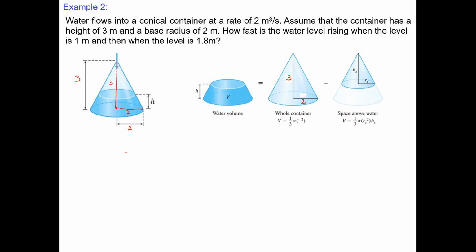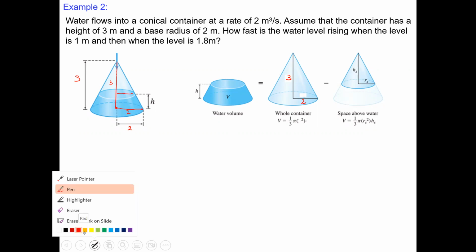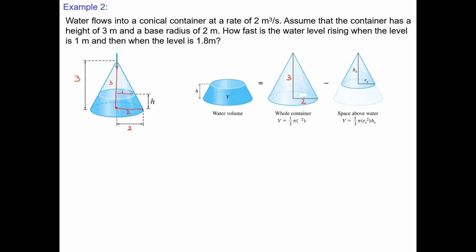Okay, but what I would like to say is that everything now depends on the space above, because the space above will be changing, so the amount of the water will be changing. That means this is the radius, which is changing, and that height, that distance, of course, the entire distance is 3, and I will just subtract h.